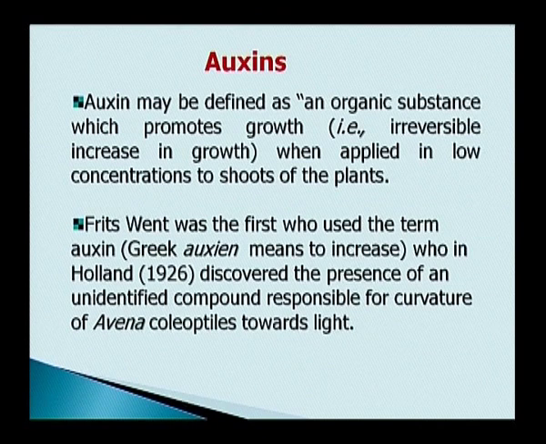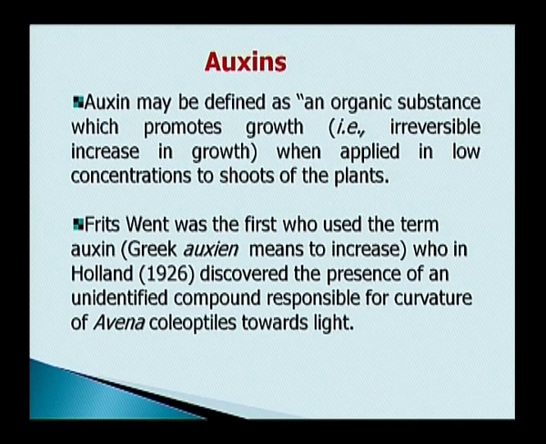Actually, Fritz Went, a scientist from Holland, first discovered and used the term auxin in 1926. Auxin is a Greek word which means to increase, and he did this experiment on Avena coleoptile and found that when he put a small amount of auxin to the tip of the Avena, there was a curvature towards the light.